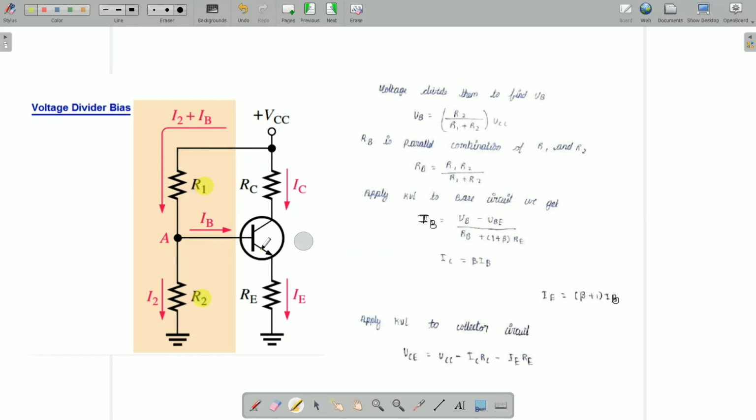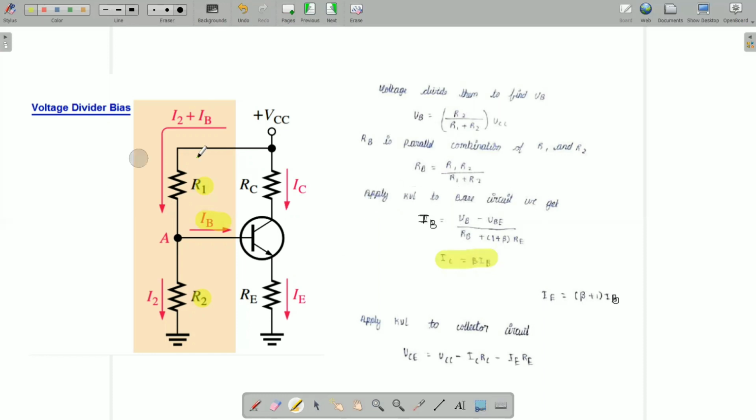The voltage drop across R2 forward biases the base emitter junction. This causes IB. Hence, IC flows in the zero signal condition. Here we are going to find IC, which is IC equal to beta IB.